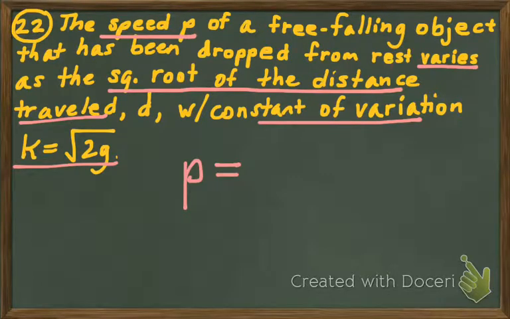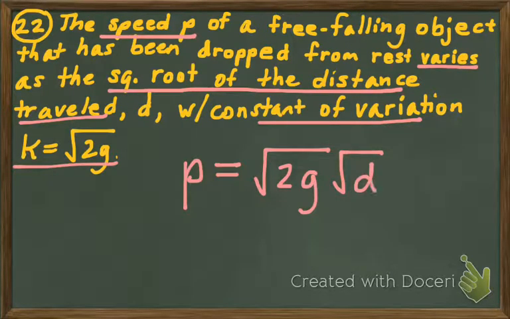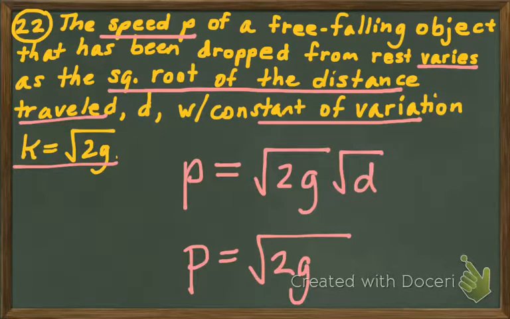It varies with constant of variation, and since we're used to putting that first, we'll write that first even though it was written after the variable, which is the square root of our variable d. So this is what you would have as your uncleaned up equation, but then as your final answer you would write the square root of 2gd.